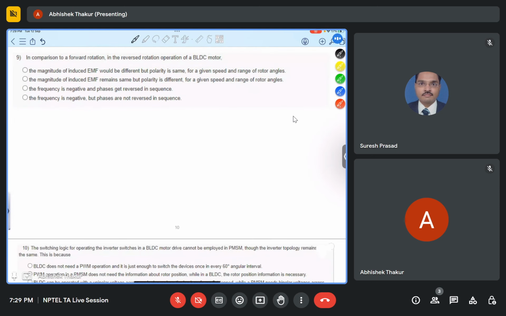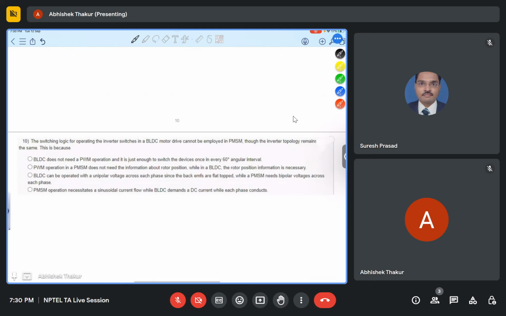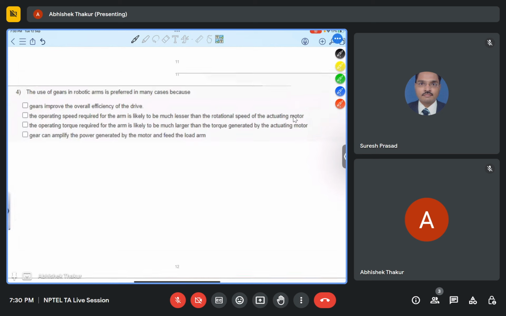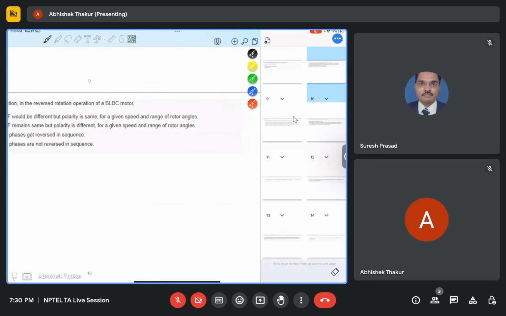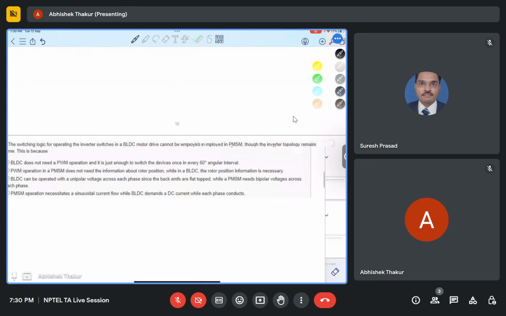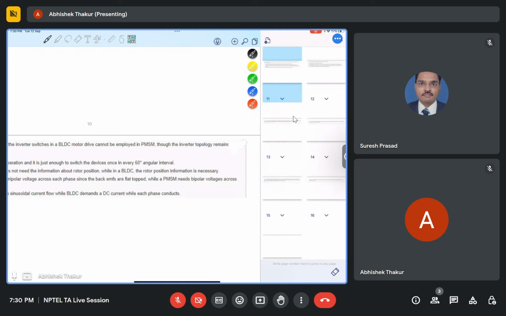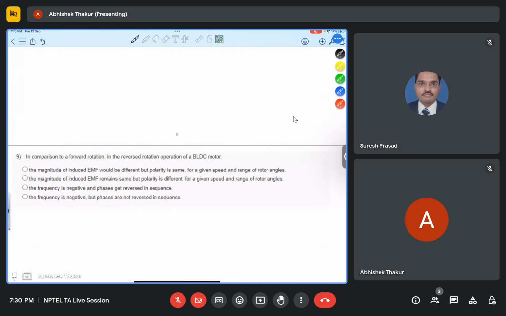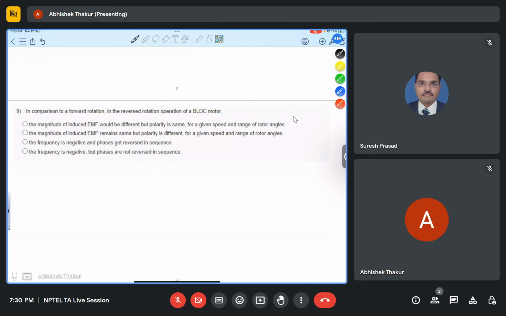So move on to question number 9. In comparison to the forward rotation, in the reverse rotation operation of a BLDC motor, the polarity will change as compared to the forward rotation.